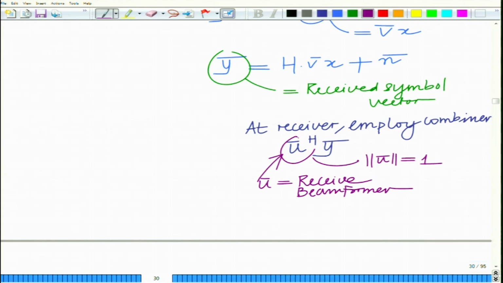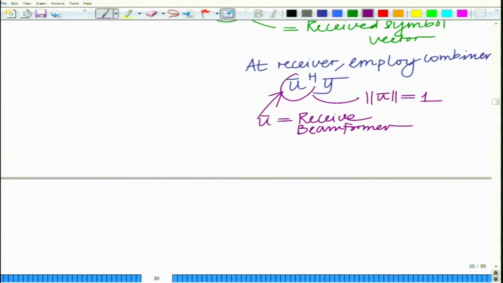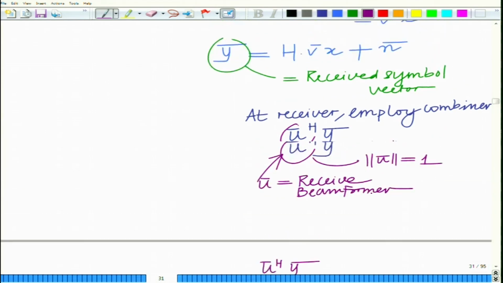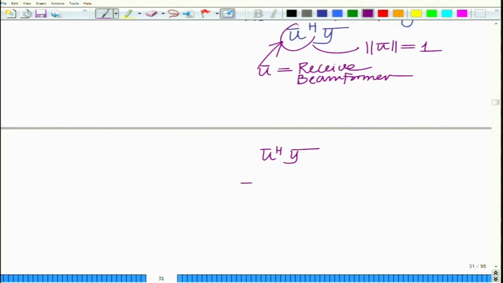Now if I substitute this model, I have u bar Hermitian y bar, and I substitute the expression for y bar: u bar Hermitian times H x bar plus n bar.